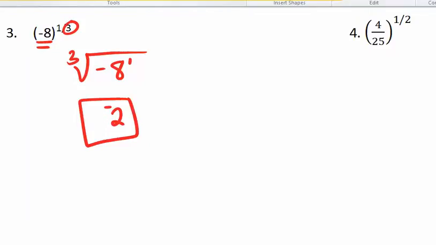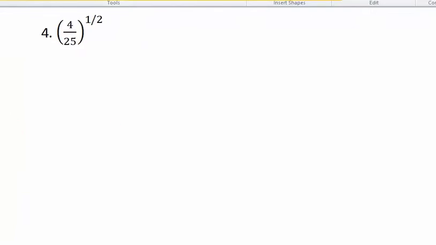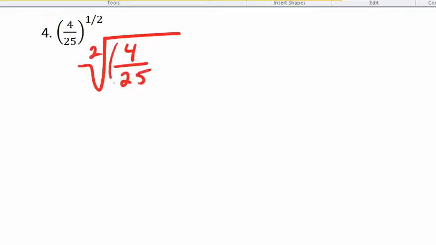For number 4, what you're going to do is, again, apply the radical to the entire quantity, which is 4 over 25, 2 being your index, 1 being your exponent. But because it's 1, it doesn't really matter too much. Same with that 2, it's implied for the index.